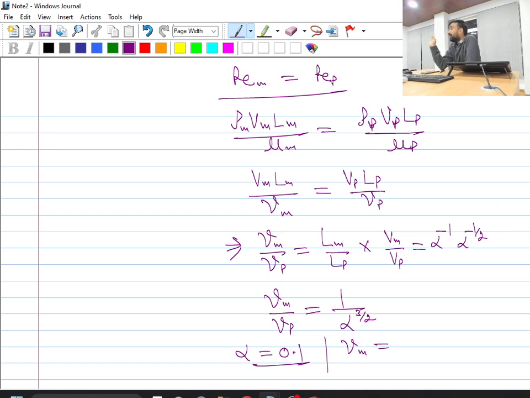In reality, if you use water on one side as the prototype fluid, and you use mercury as some other real fluid existing in nature as your model fluid, you will find that the kinematic viscosity of mercury is only 1/9 of the kinematic viscosity of water. So you will not find a fluid which actually has the value that can ensure your dynamic similarity. Is this point clear?